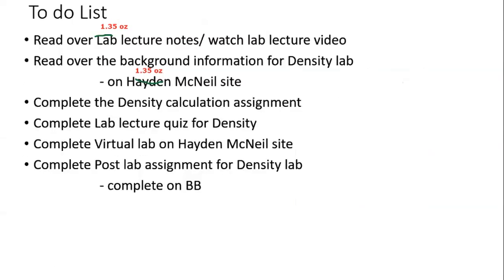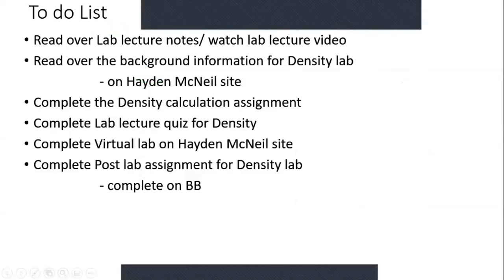So just some pointers on your to-do list for this experiment. Make sure you read over the lab lecture notes and watch the lab lecture video. Also, maybe review these concepts in your textbook.